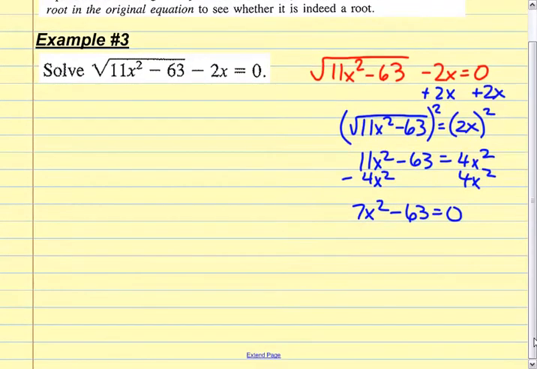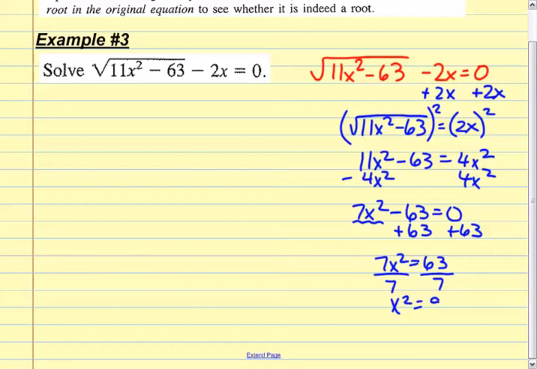Now, when I have a quadratic like this, when there's not another term with an x in there, I'm going to get it by itself. So let's add 63 to both sides. That's going to give me 7x squared is equal to 63. Let's divide by 7, and I'm going to get x squared is equal to 9.